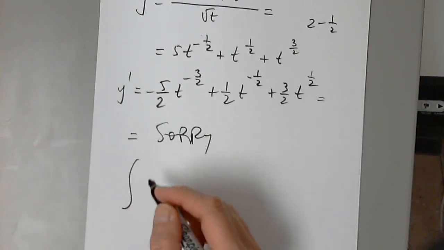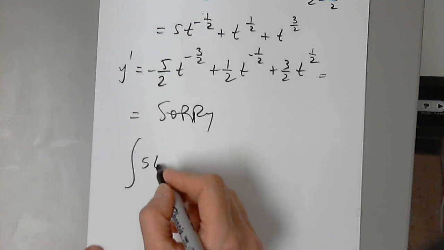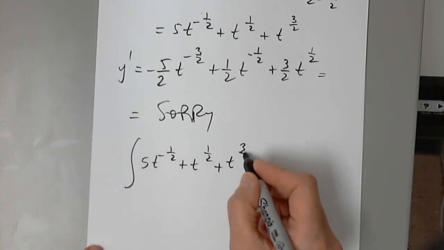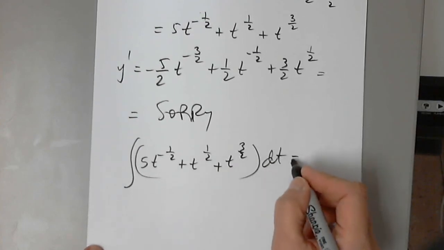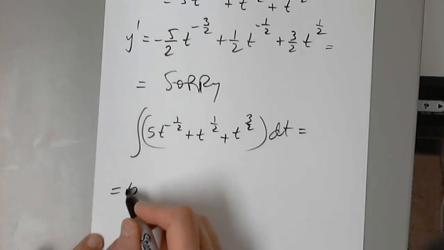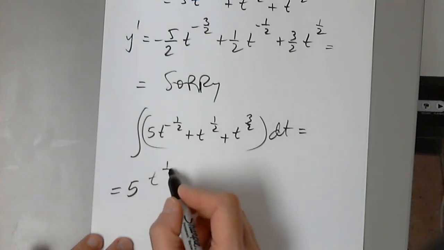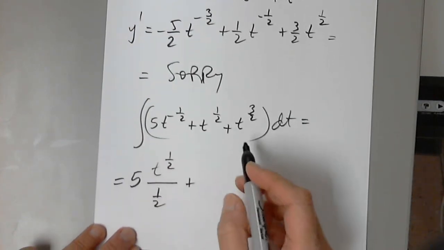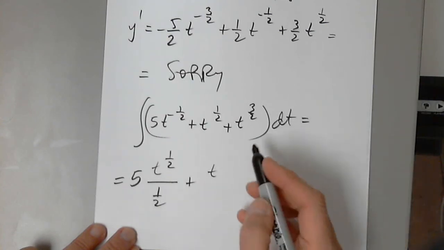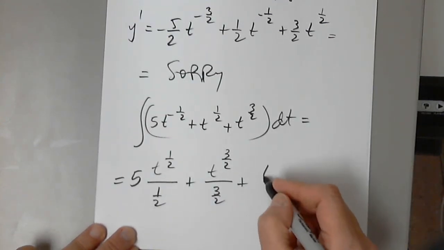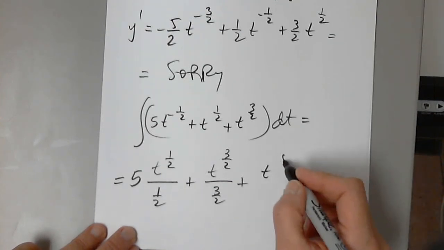So we want to find the integral of 5t to negative 1/2 plus t to 1/2 plus t to 3/2 dt. And we want the most general antiderivative. So then it says 5 t to negative 1/2 plus 1, which is t to 1/2 over 1/2, plus t to 1/2 plus 1, which is 3/2 over 3/2, plus t to 3/2 plus 1, which is 5/2.